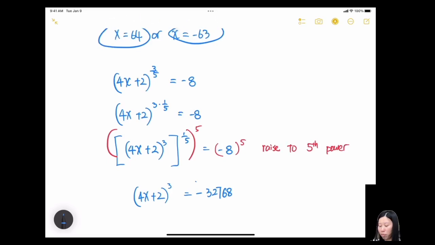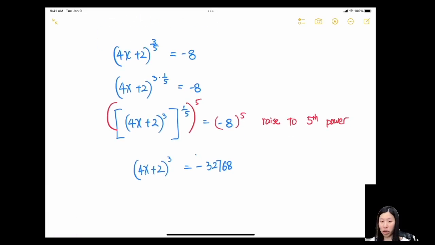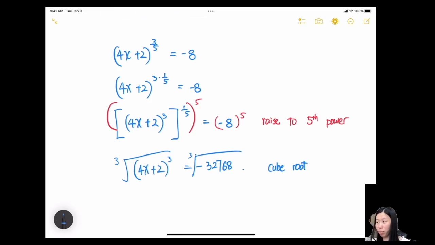And then there's the cubic. You want to take the cubic root on both sides. You might need a calculator to help you. So this ends up being negative 32. And then you solve for x regularly.